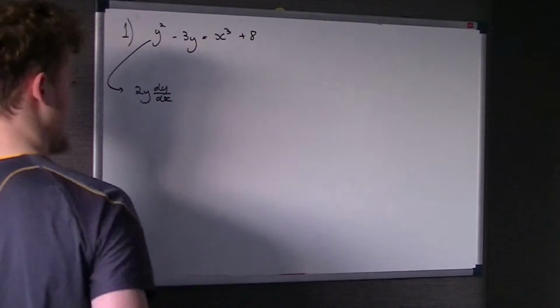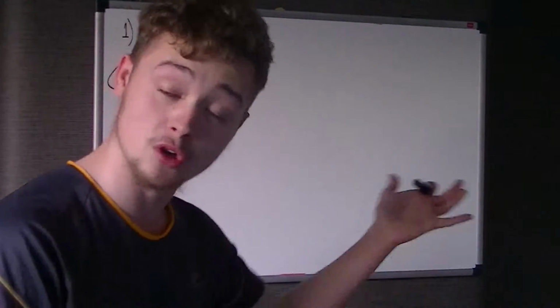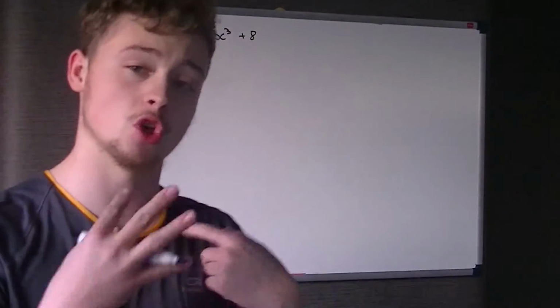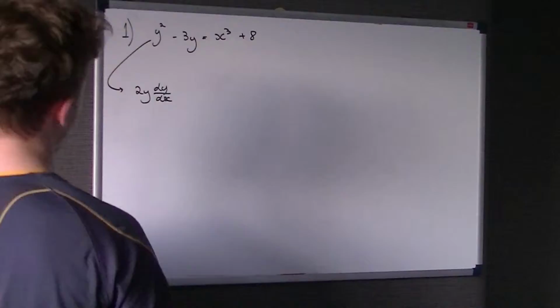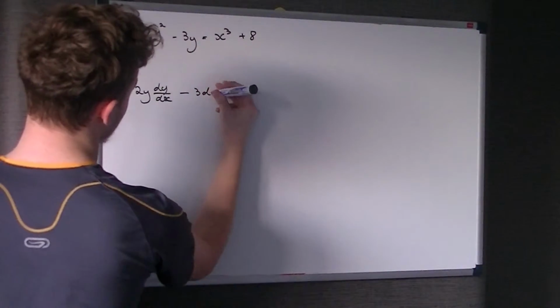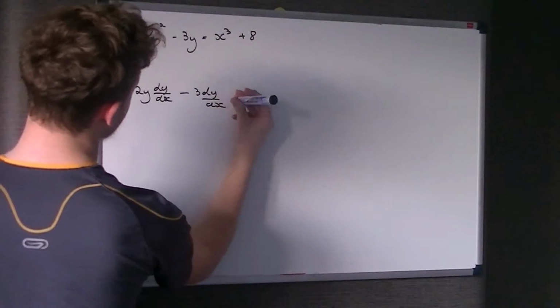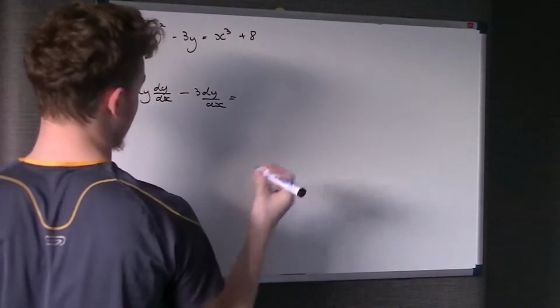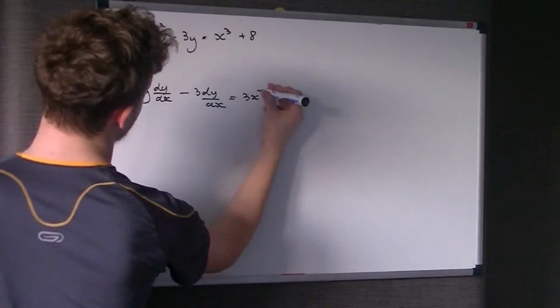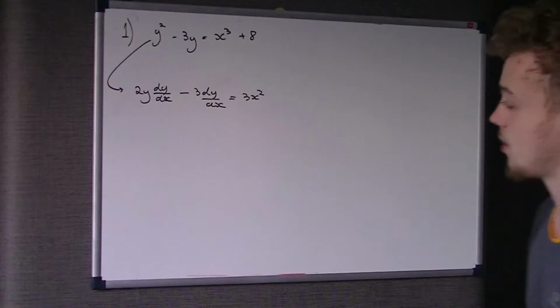As I said, there's a reason for that on my C4 tutorial playlist for implicit differentiation, but in short, it comes from the chain rule. And that's take 3, you put dy/dx next to that. Then we've got x cubed here, so differentiate it as you would any other formula of x, so 3x squared, and the 8 disappears, because the derivative of 8 is 0.